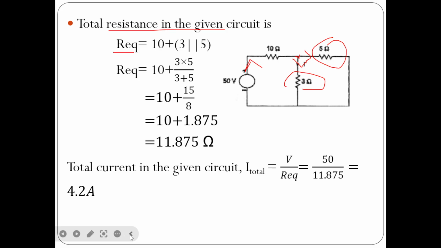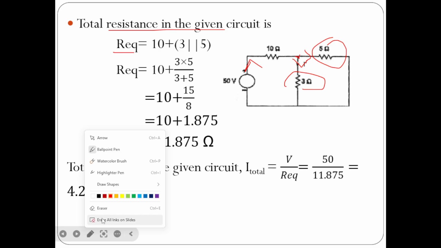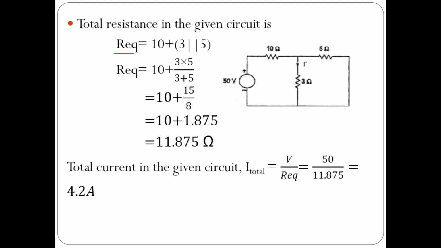Therefore the equivalent resistance is 10 plus 3 parallel with 5. So you can rewrite it as 10 plus 3 into 5 by 3 plus 5, that is 10 plus 15 by 8, 10 plus 1.875. So 11.875 ohms is the total resistance in this circuit.